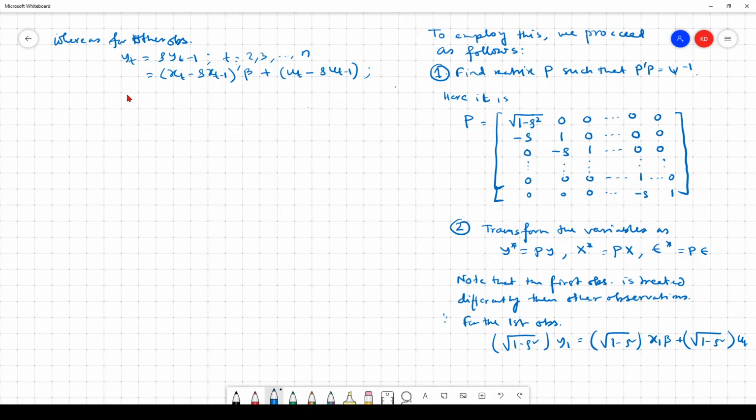where xt is the row vector of x, also root over 1 minus rho squared ut, and it is better to write xt prime, okay, and ut minus rho u naught, u1 minus rho u naught have same property.